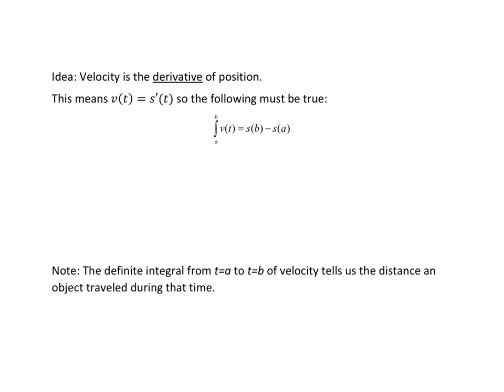The area under the velocity curve from a to b of v of t equals the position at time b minus the position at time a. You could think of this as the finishing position and the s of a as the starting position.